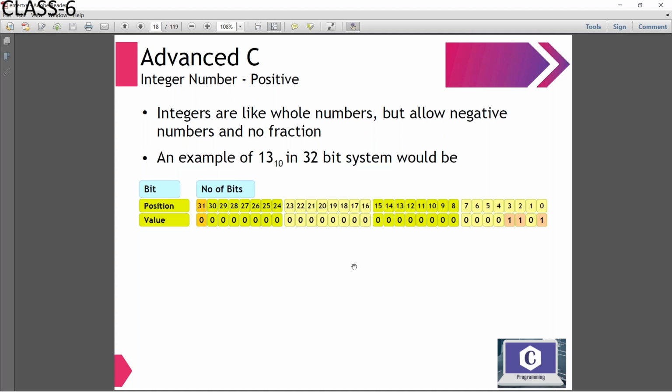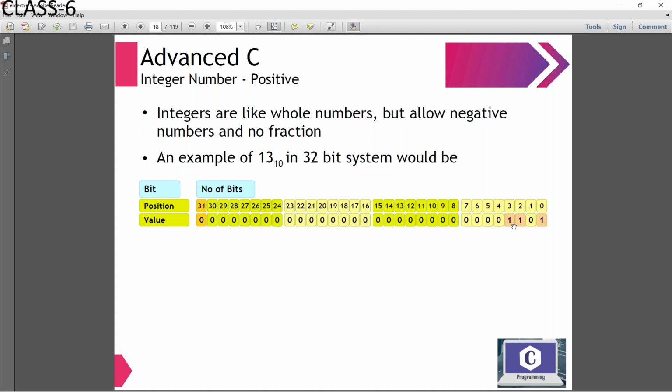If it is a positive value, it is stored as its binary equivalent. If it is 13 in decimal, it is converted to binary and stored in 32 bits. We know that 13 is nothing but 1101.